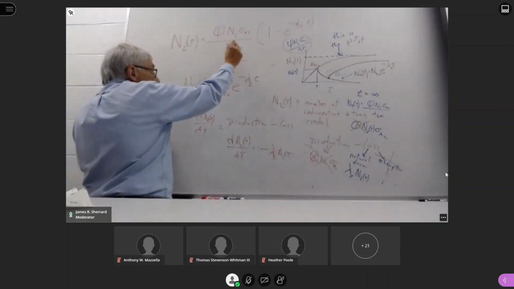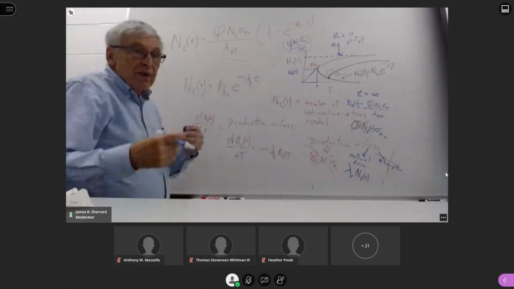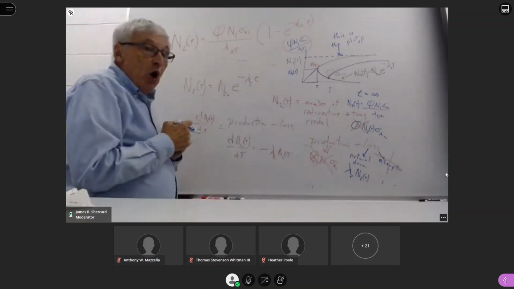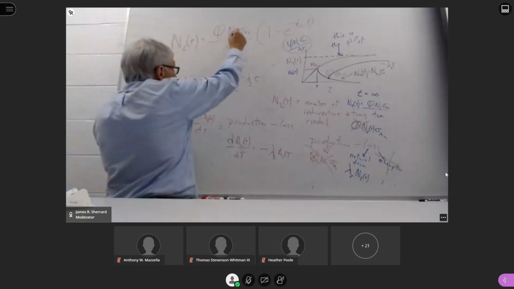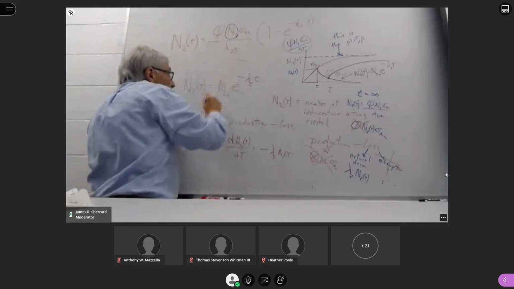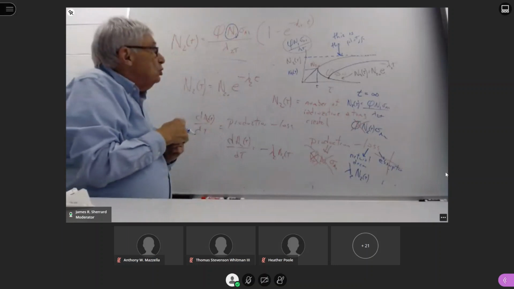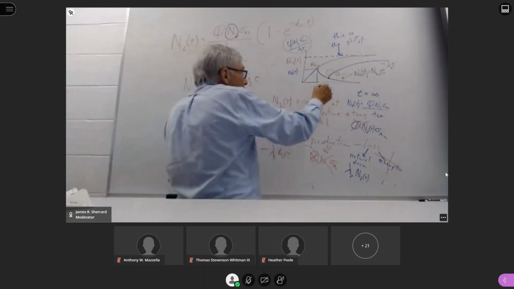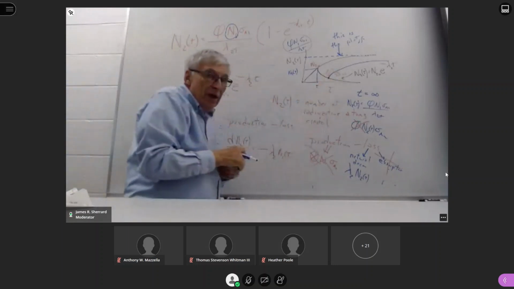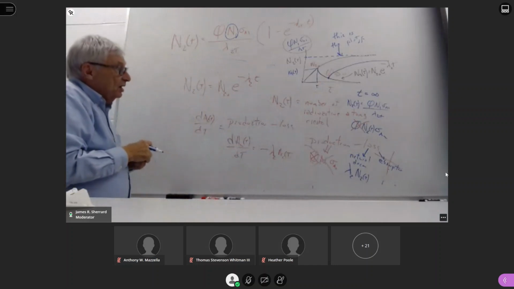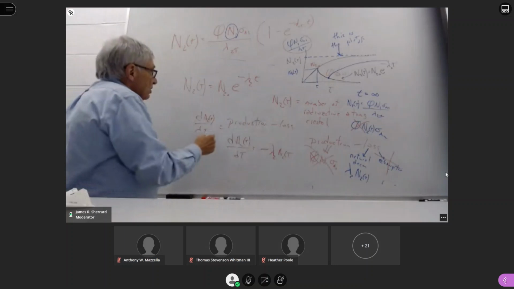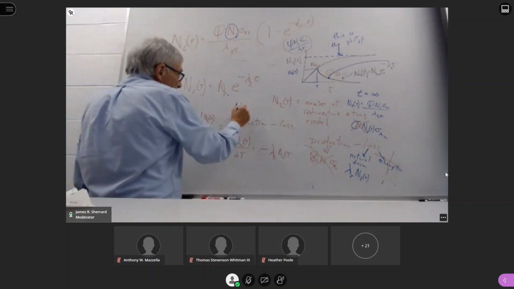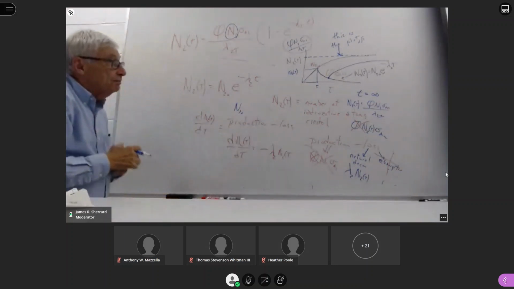You can use this exact same equation. The only thing that changes is you have to come up with the new value for where you're starting. You can do that by subtracting the number of N2s you generated from the original N1 zero that you had.